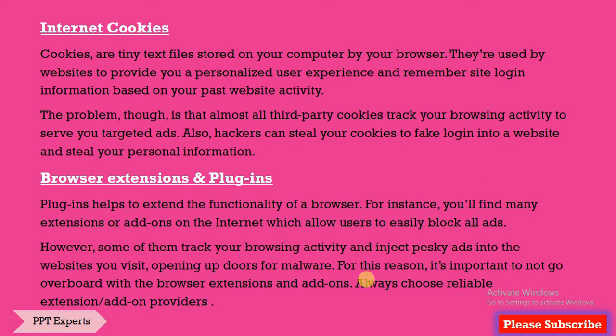Like when you have searched on Facebook, you have seen that they are targeting you with some ads, and on YouTube also they are targeting you with certain apps and ads which you are searching all around. Hackers can steal your cookies to fake login into websites and steal your personal information, by hijacking the cookies.